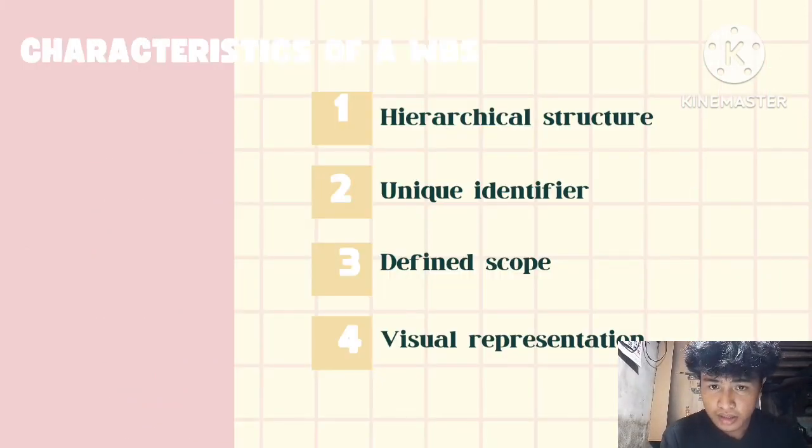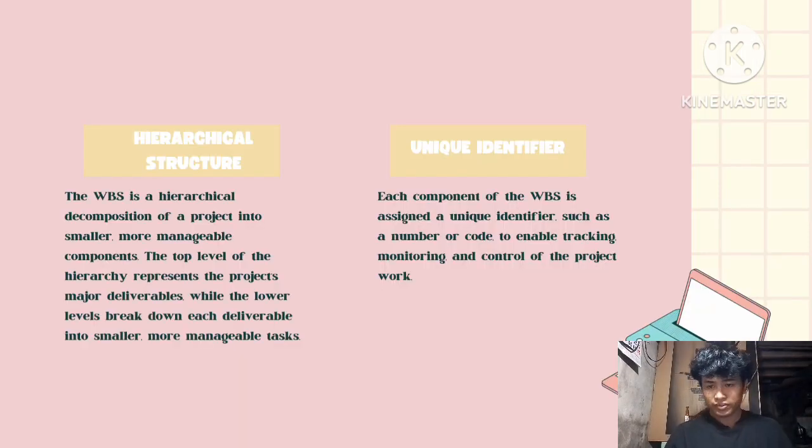So here are the characteristics of a WBS. First is hierarchical structure. Second is unique identifier. Third is defined scope. Fourth is visual representation.